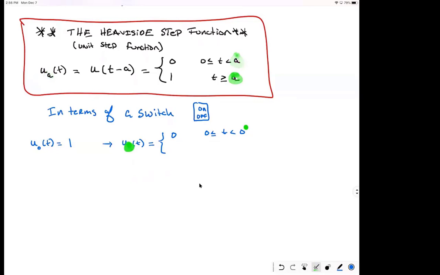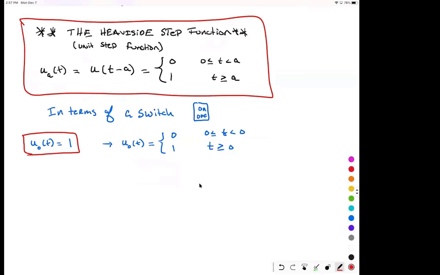So this is 0, and then I have a 1 for t bigger than or equal to 0. So if you're talking about u sub 0, you're talking about the situation where t is bigger than or equal to 0, so that is 1. So that's the first thing I want to mention, that I call u sub 0 of t equal to 1.